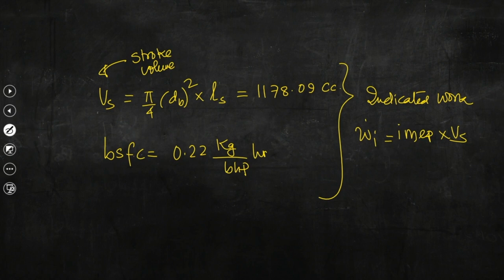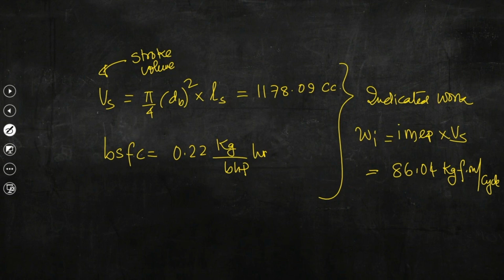This is per cycle. So, we can write that, with the indicated mean effective pressure we have already calculated, we will be getting 86.04 kg force meter per cycle.